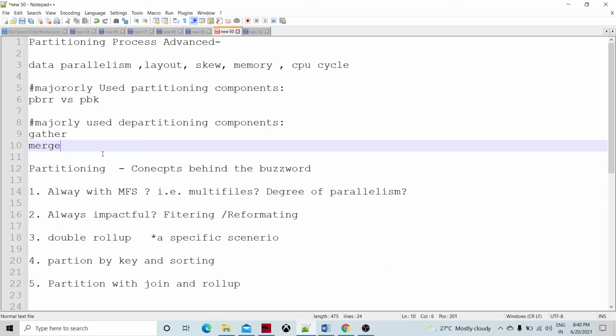Then skew comes into the picture. Mostly when we partition the data based on some key, our data may be skewed. Let's say we have 10 records, and 6 records have the same key, and the other 4 records have 4 different keys.